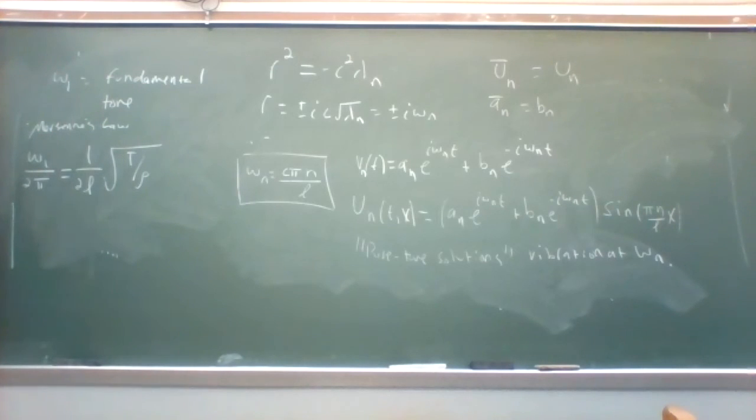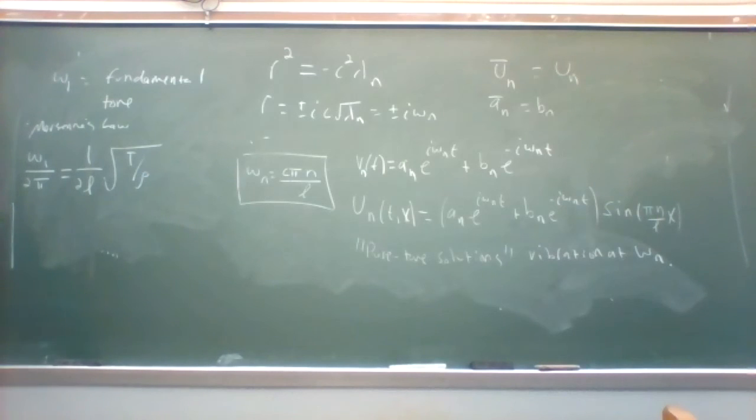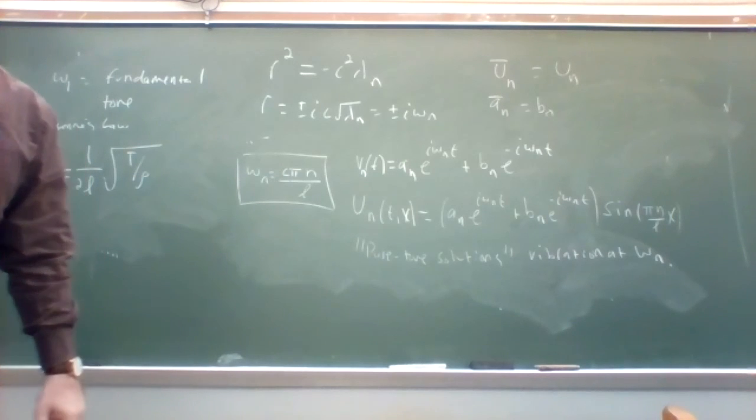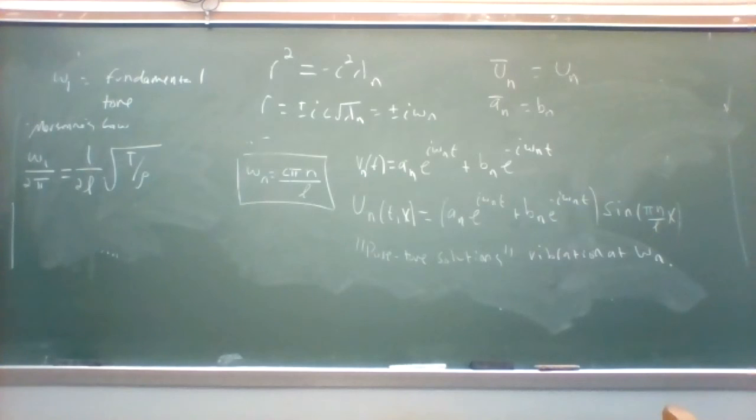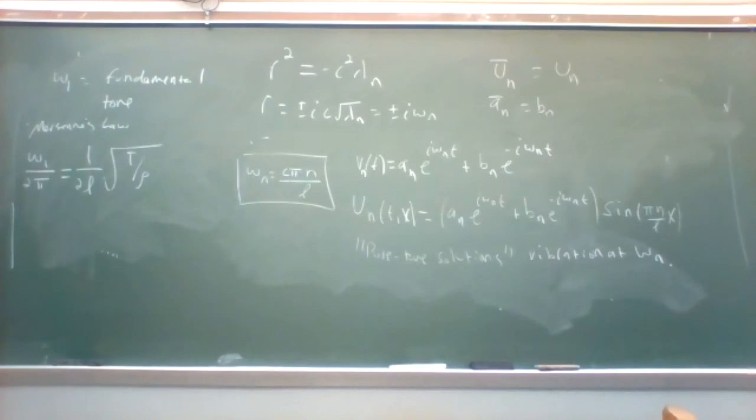Your book notes that this was first published in 1637, even before D'Alembert's solution. And this is telling you the frequency in hertz. Yeah, this is c, square root of T over rho. Okay, and so how does this square with the work that we've already done?